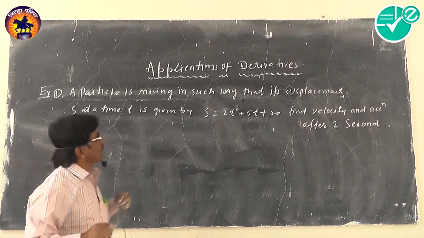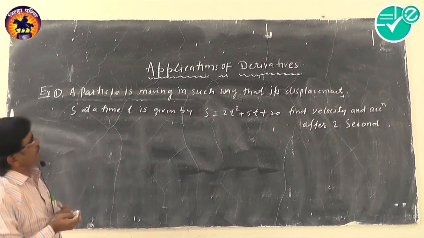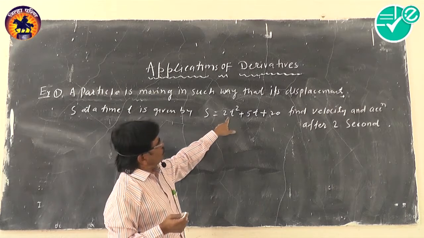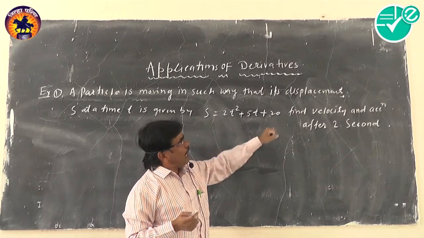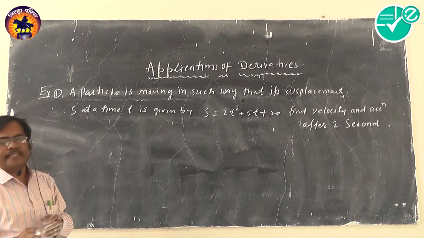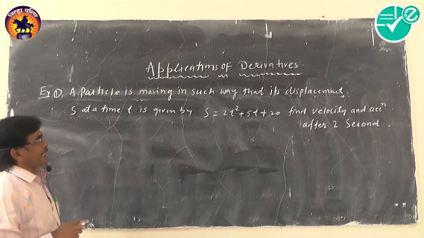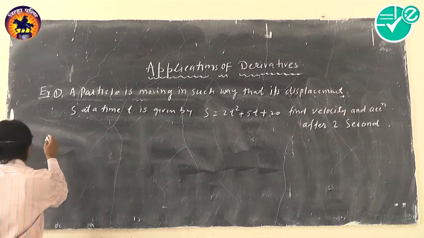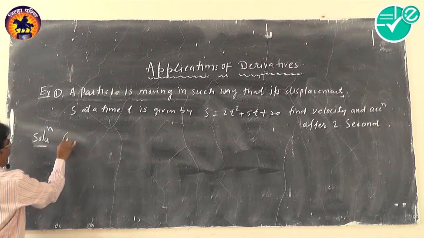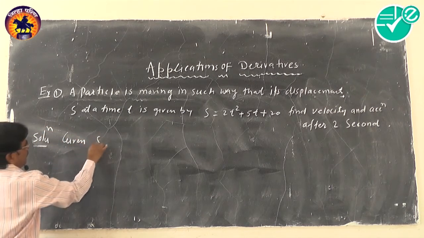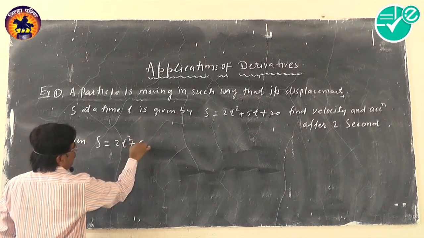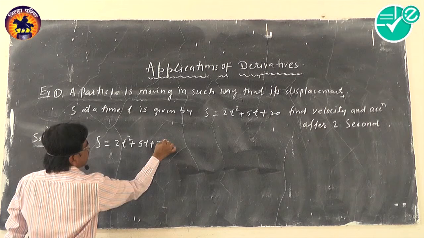Now, here in the given example, a particle is moving in such a way that its displacement s at a time t is given, that is s is equal to 2t square plus 5t plus 20. Our aim is to find the velocity of the particle and acceleration after 2 seconds. Solution. Given s is equal to 2t square plus 5t plus 20.